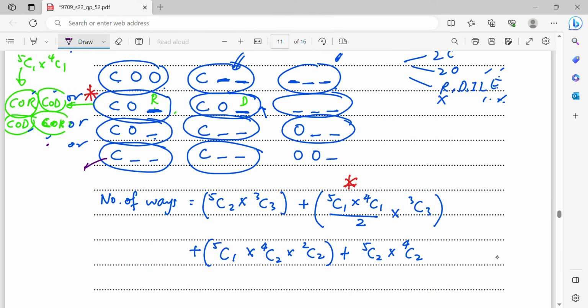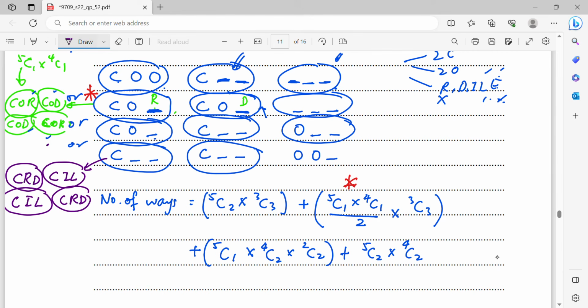Okay, so let's say, for example, here you choose CRD. And then the next one, you choose CIE. These are the 2 groups. And then when you write 5C2 times 4C2, it's also counted CIE for the first group and CRD for the second group. Okay, so from here you will see that they are repeating, right?